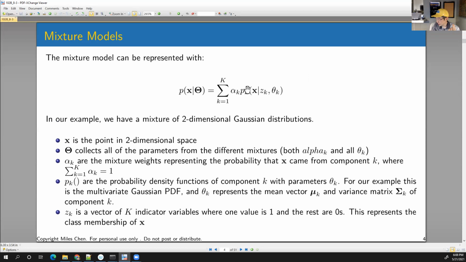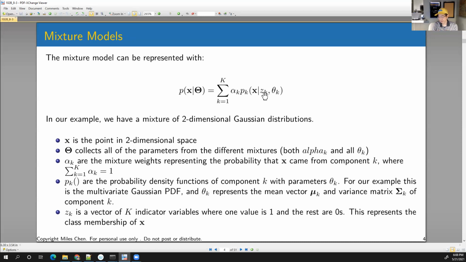It's the probability density function for each of your k components all added up, right? And then you also have an indicator variable to indicate that some observation belongs to a certain cluster or not.